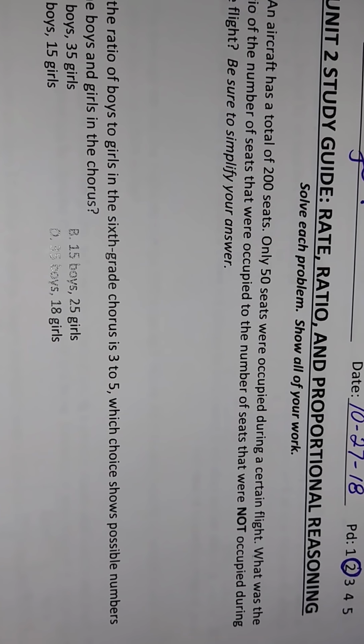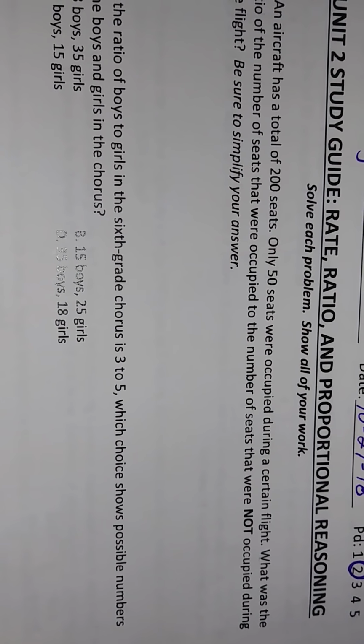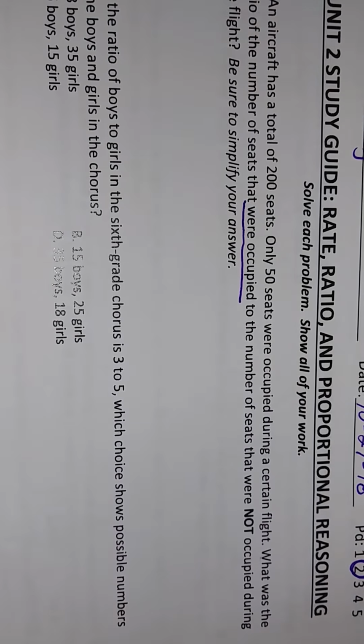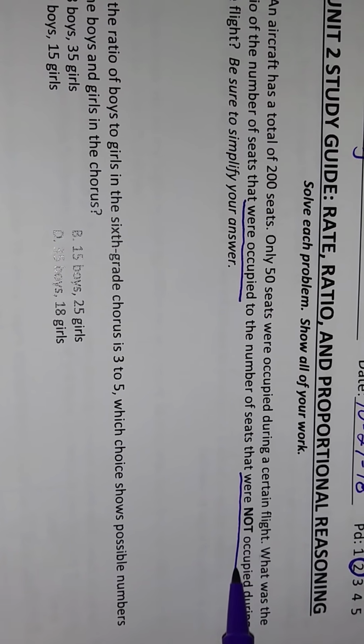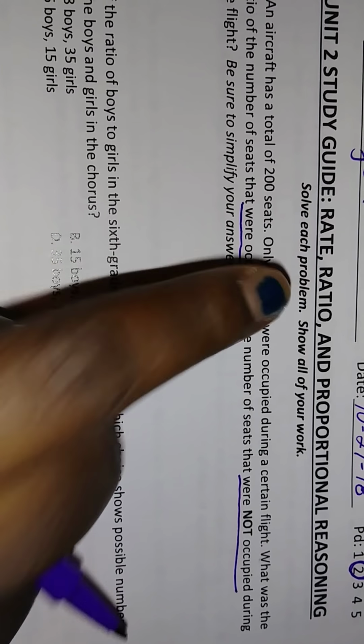Okay, so an aircraft has a total of 200 seats, but only 50 seats were occupied. So they want to know the ratio of seats that were occupied to the number of seats that were not occupied. I know how many were occupied. It tells me 50 seats.